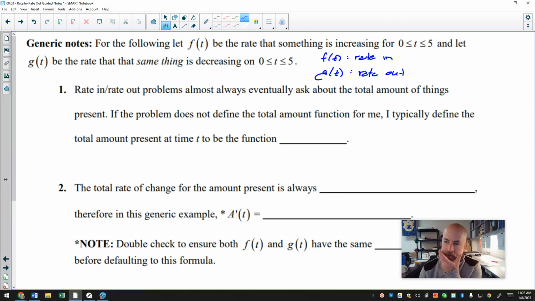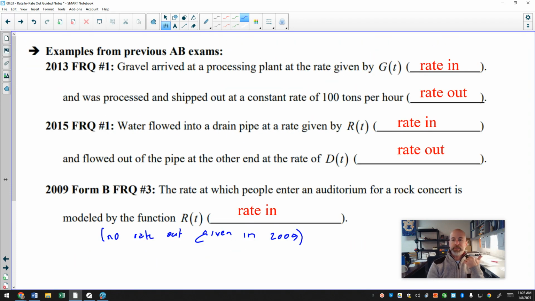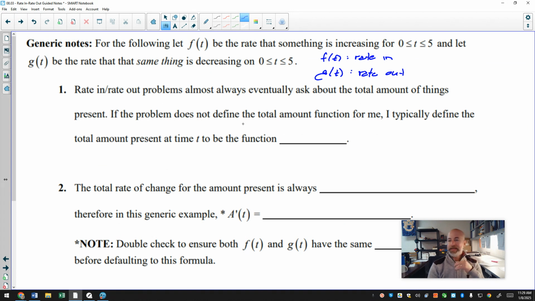Rate in, rate out problems almost always eventually ask for the total number of things present. Going back to these examples, in 2013 there was a question, how much gravel is in the plant at time t equals 4? And 2009, how many people were in the arena after 1 hour? So if they give you a rate in and or a rate out, they will eventually ask you for the total number of people.